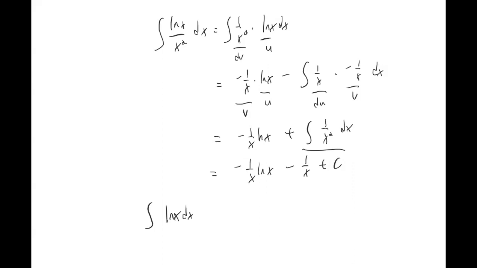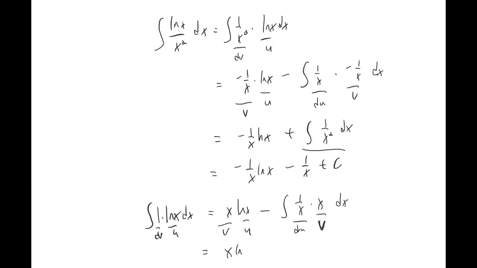There's a hidden one, right? I can always write something as 1 times itself. And now we're golden because this is u, this is dv. So the antiderivative of 1 is x, right? So this is vu minus, 1 over x, that was ugly, times x, right? So this is du and this is v.